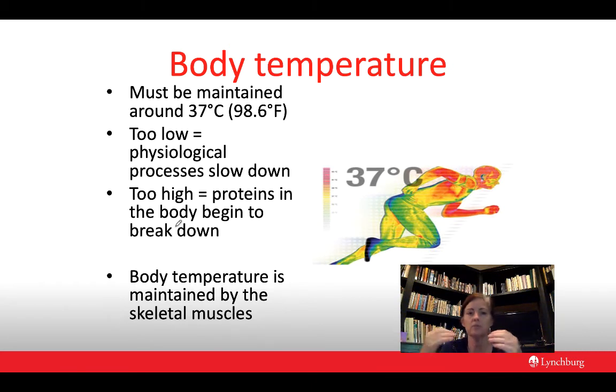If our body temperature is too low, then physiological processes slow down to the point where they're no longer effective. If it is too high, then it starts to break down the proteins in our body, and that's not good either. Our body temperature is maintained through our skeletal muscles because they generate heat every time they contract.